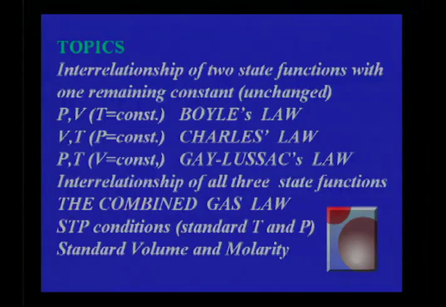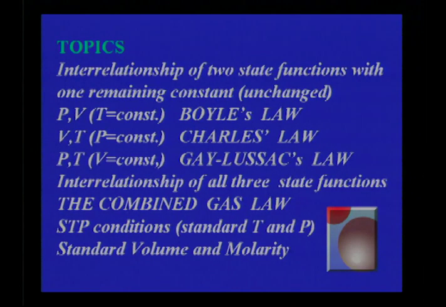And the problem was there wasn't a suitable thermometer as of yet, and that's why it took almost 100 years to go into this type of relationship where you can control the temperature. Then we have Gay-Lussac's law, which interrelates pressure and temperature at a constant volume.